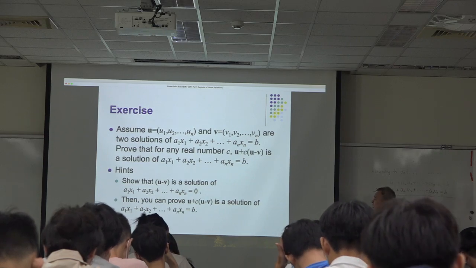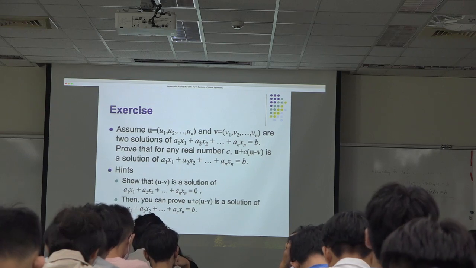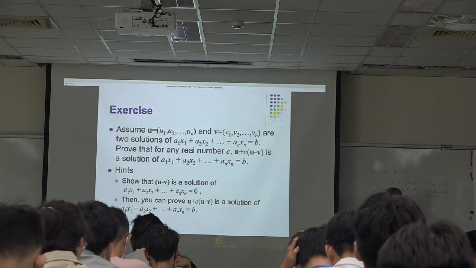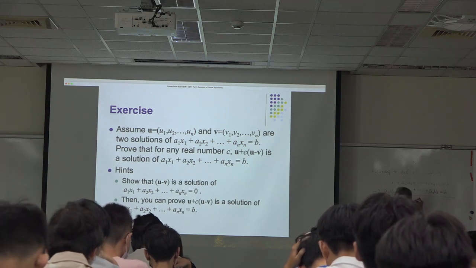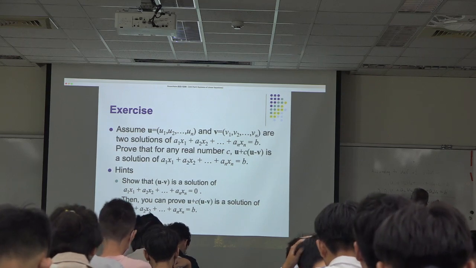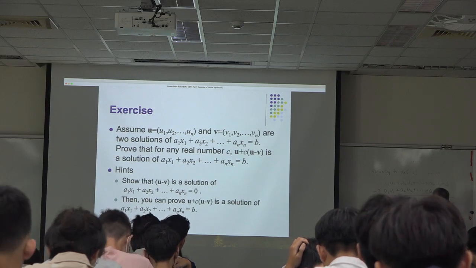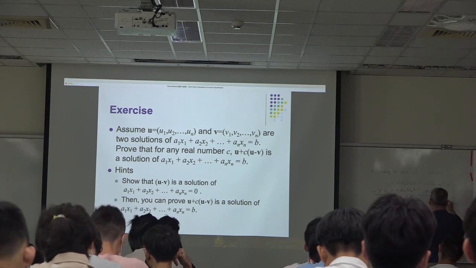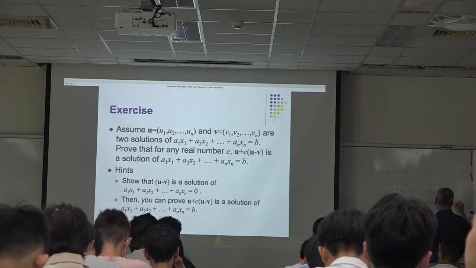What happens is that a1 (u1 minus v1) plus a2 (u2 minus v2) plus ... plus an (un minus vn) equal to b minus b, which is 0.